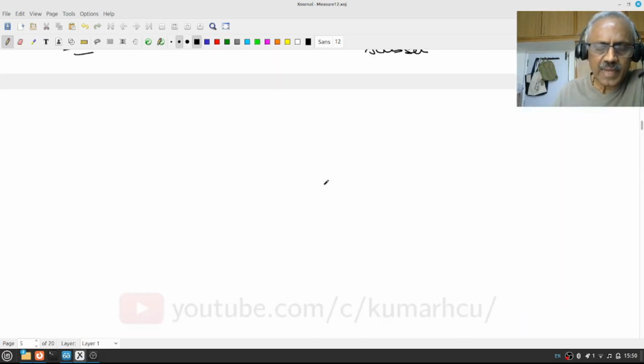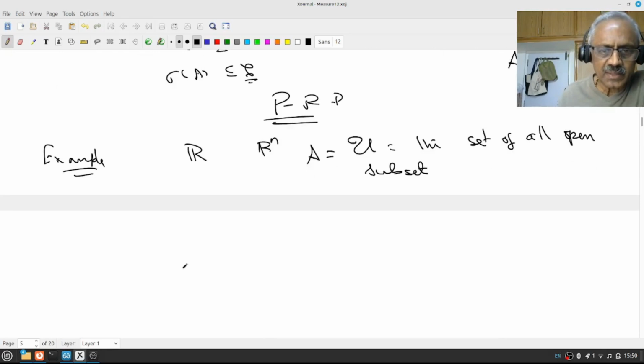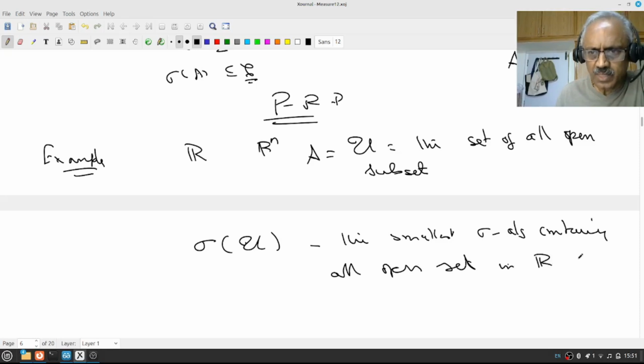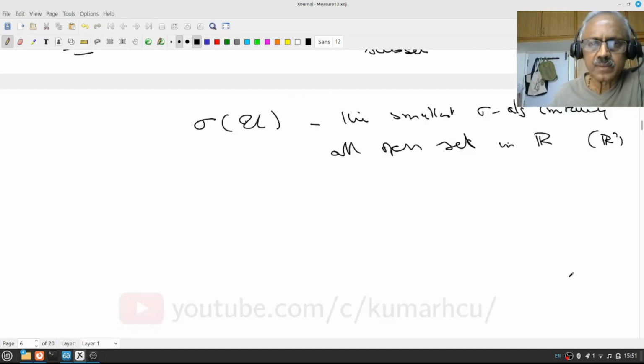Therefore, by the earlier result, let sigma of U be the smallest sigma algebra containing all open sets. I will stick to R, but it's the same thing in Rn. This is called the Borel sigma algebra.